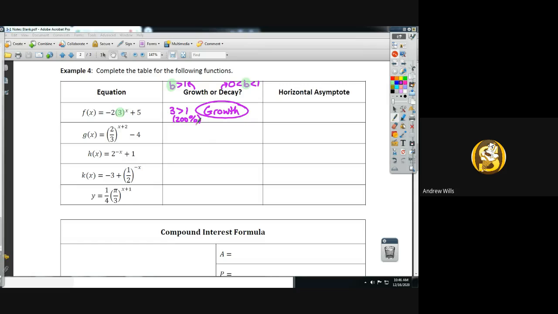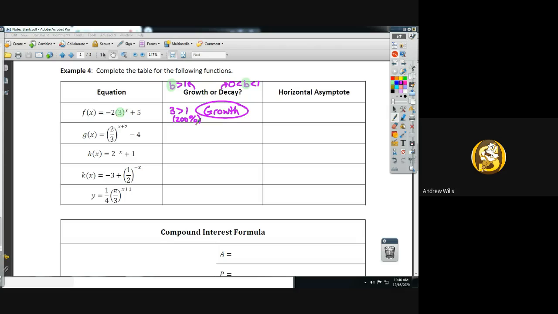So the 3, if it were, okay, 1 is 100%. So in this case, we have 3, which is 2 bigger than 1. And then that 2, how much bigger it is than 1, is, as a percent, 200%. Okay, we'll look at a few more examples of that because that's going to come up on the Delta math assignment. I want to make sure everybody's clear on that before we finish up today.